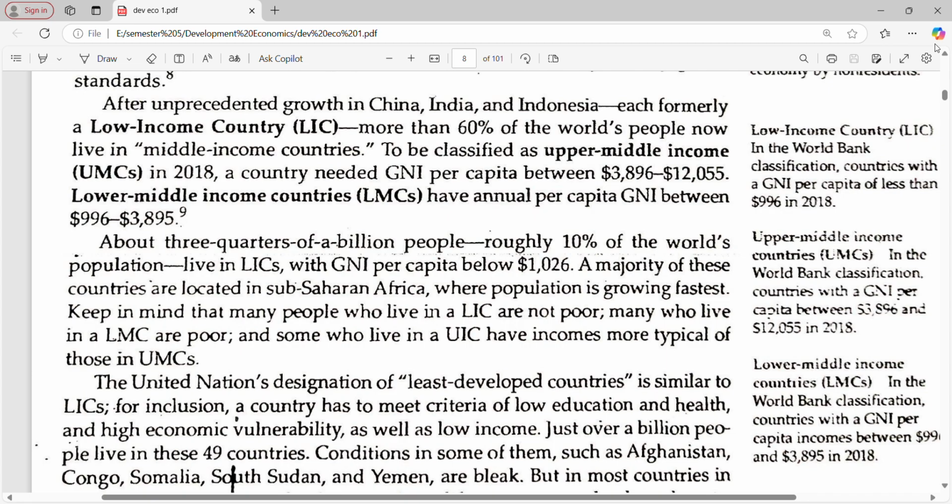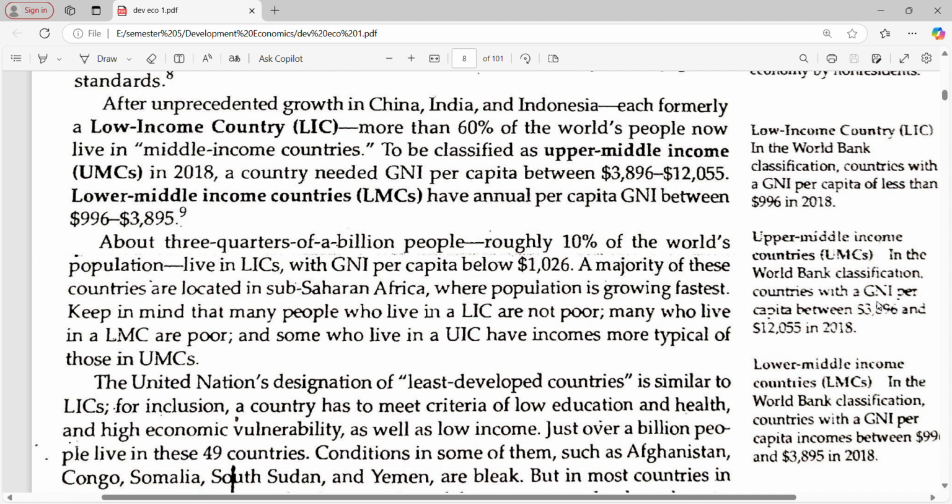For the upper middle income countries, they have to have GNI per capita between $4,000 and $12,000. In between, around $3,896 and $12,055. In between these, they have to get their GNI.